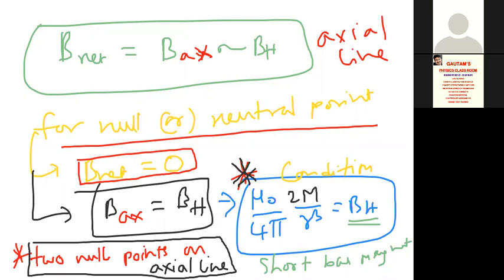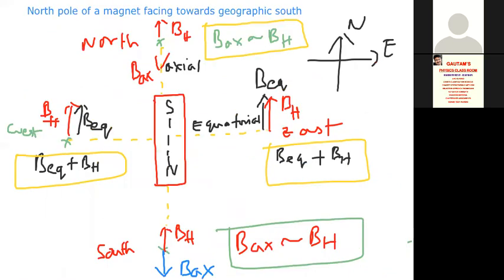So these are the conditions for the null point when the north pole of the magnet is facing towards geographic south. This is the information. This is the first page we discussed here, and this is the second page.